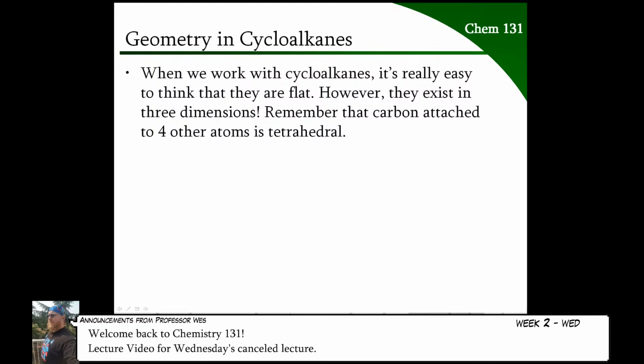Okay. So recall that whenever you are drawing these carbons in 3 dimensions, the geometry of each carbon is going to be tetrahedral. What that generally means is that if this is my carbon, and I have something pointing up and then something pointing sideways along the chain, something's going to come out of the paper at you, and then something's going to go into the paper away from you.